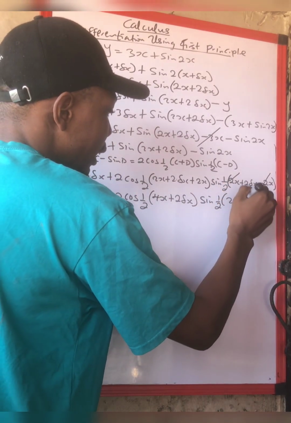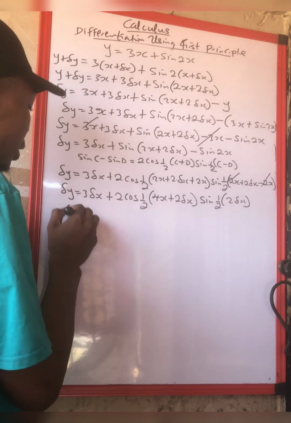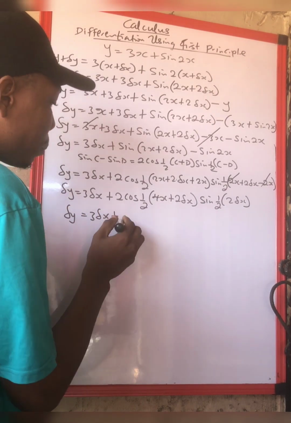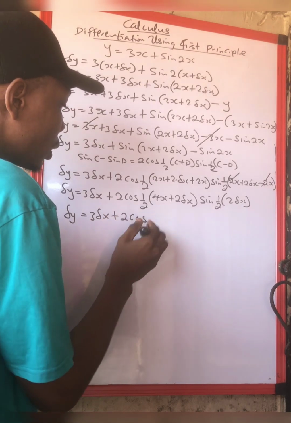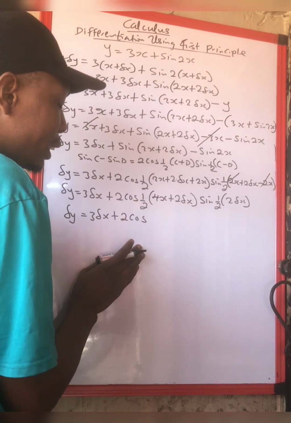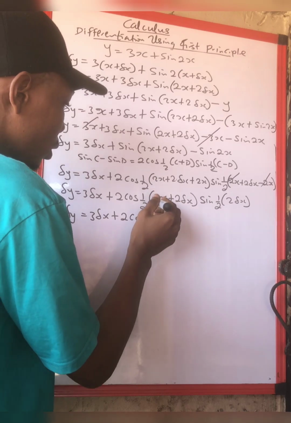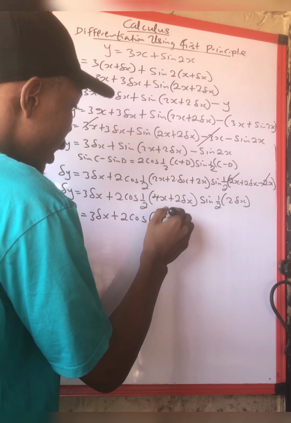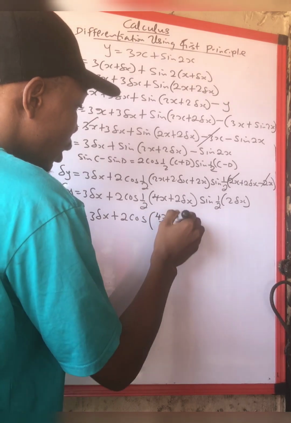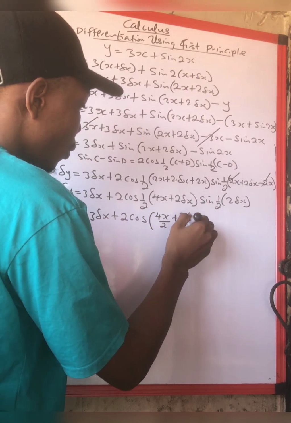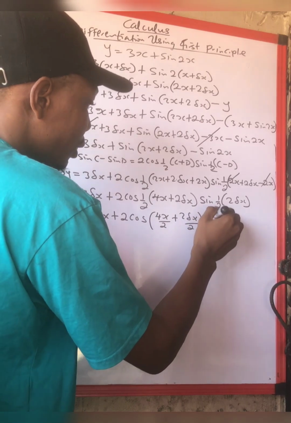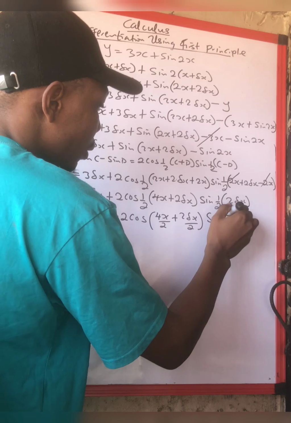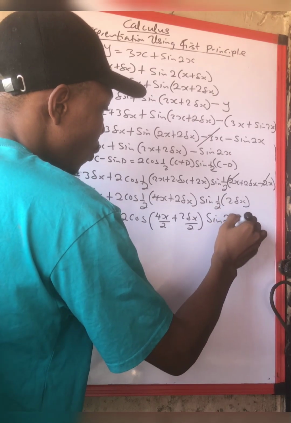So from there we have Δy equals 3Δx, then plus 2 cos. Don't forget this 2 is affecting everything here, so it becomes bracket 4x over 2, then plus 2Δx over 2. So we have sine half of 1 times 2Δx, which is 2Δx over 2.